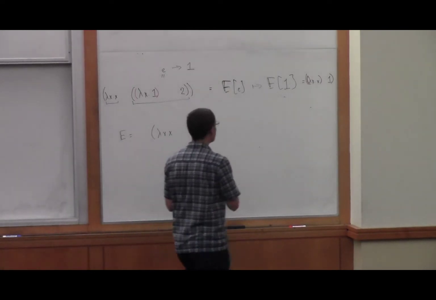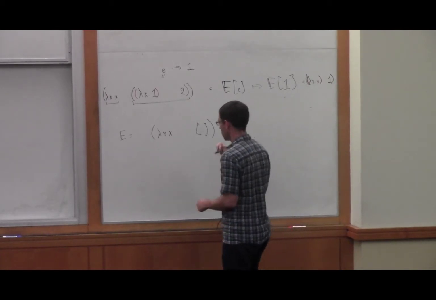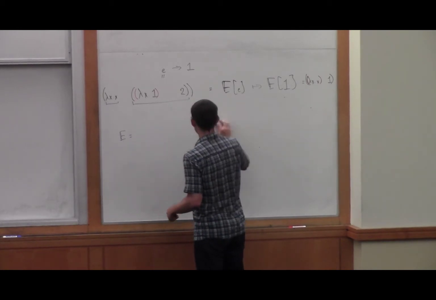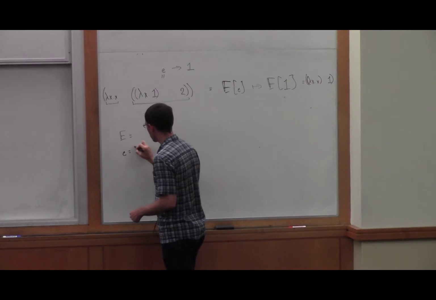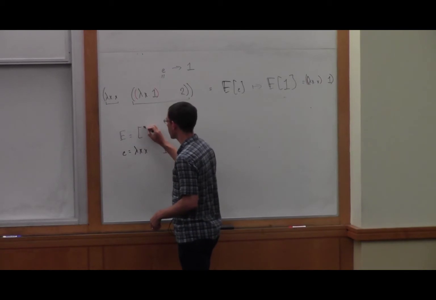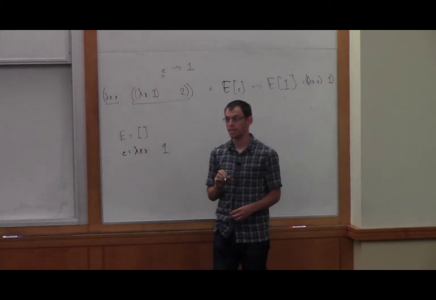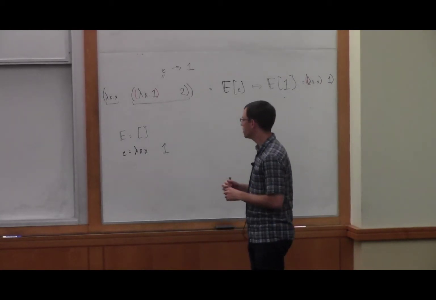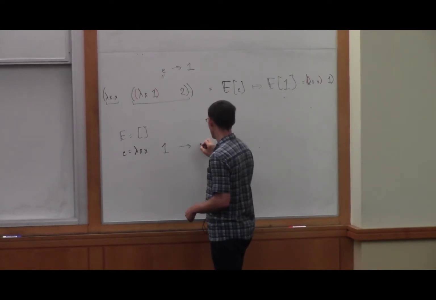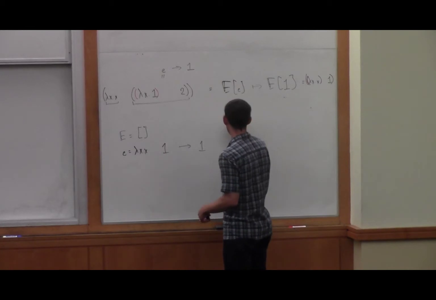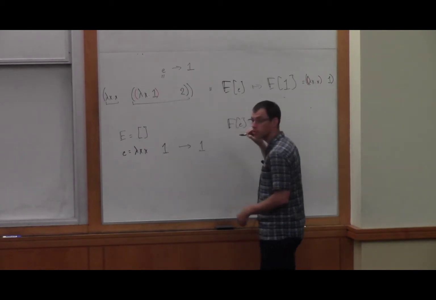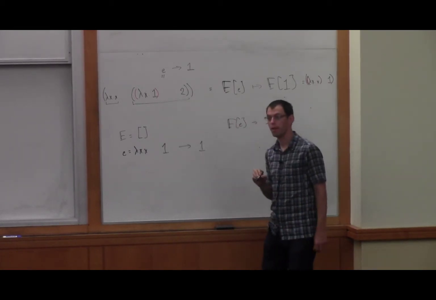So now we decompose this into, now our little e is going to be lambda x.x applied to 1, and our context is just going to be a hole, an empty context. And then this steps to 1, and therefore E with e in the hole steps to the empty context with 1 in the hole, which is just 1, and we're done.